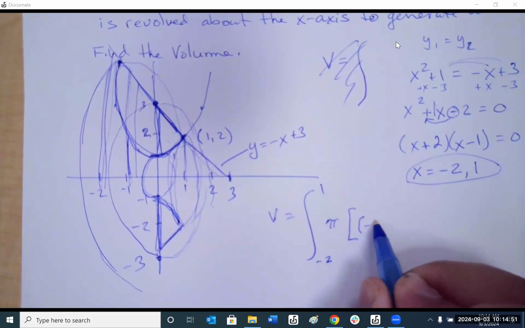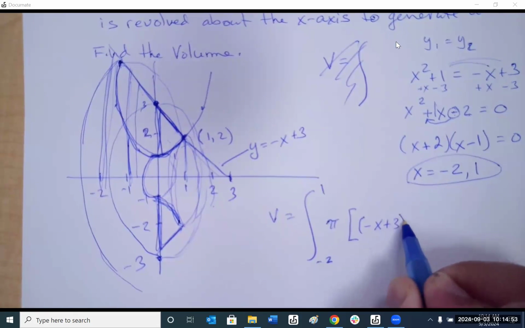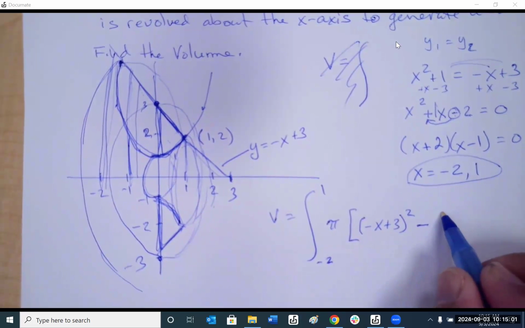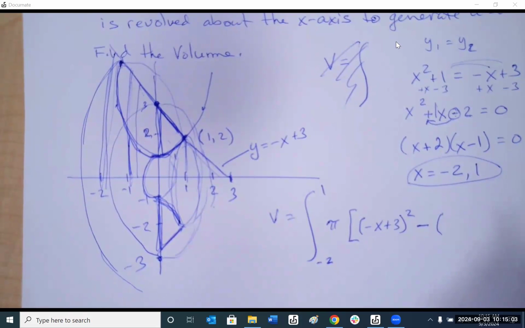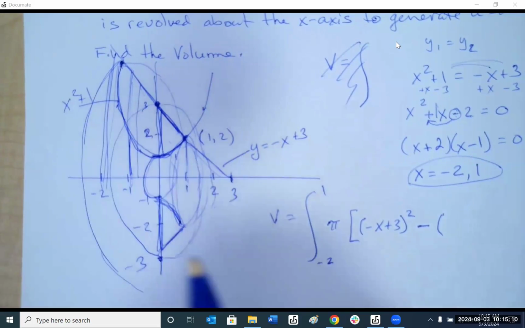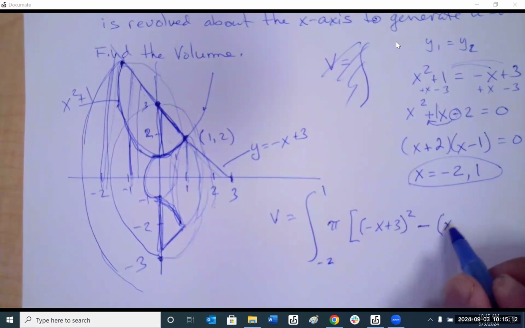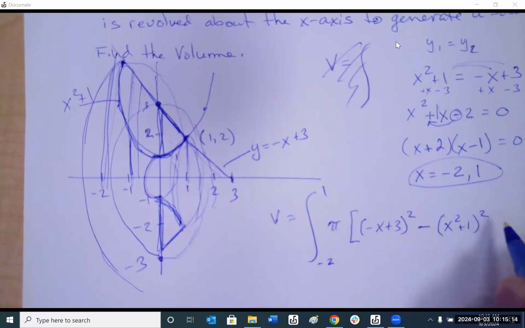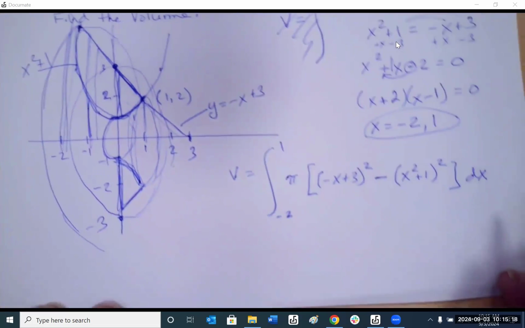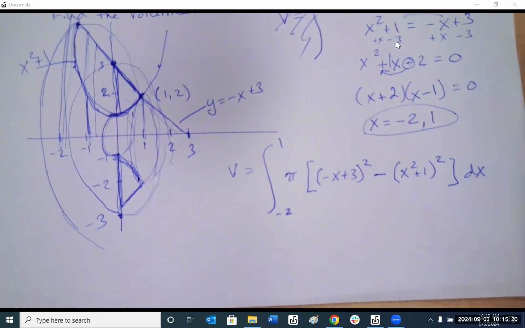So it's negative x plus 3 squared minus, what's the inner radius? Yeah, x squared plus 1, squared. And we're rotating around the x-axis, so it's dx.